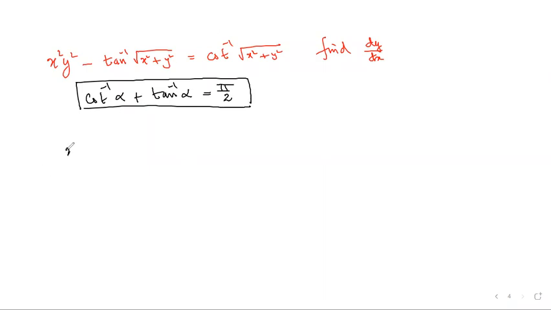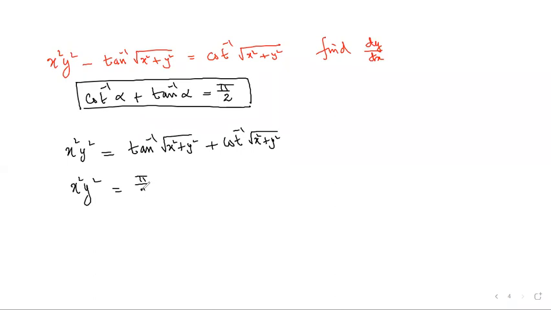So I can write here x square into y square is tan inverse root x square y square plus cot inverse root x square y square. And before I start differentiating, I can write it as pi by 2. Now I'll start differentiating.